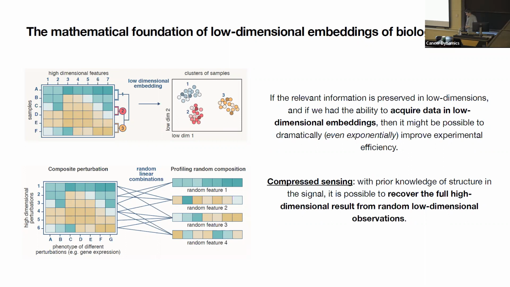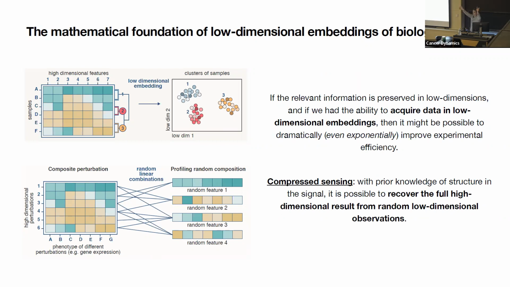This can be extended through something called compressed sensing. This initial result, that high dimensional data in general can be projected into low dimensions while preserving the geometry, can be extended with compressed sensing to say that if you have prior knowledge of structure that exists in your high dimensional data, which can be defined in a variety of ways, then from these low dimensional representations you could reconstruct the full high dimensional signal.